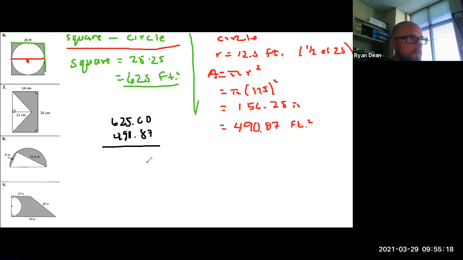When we do that, 625 minus 490.87, we get 134.13. Again, it is in feet squared.